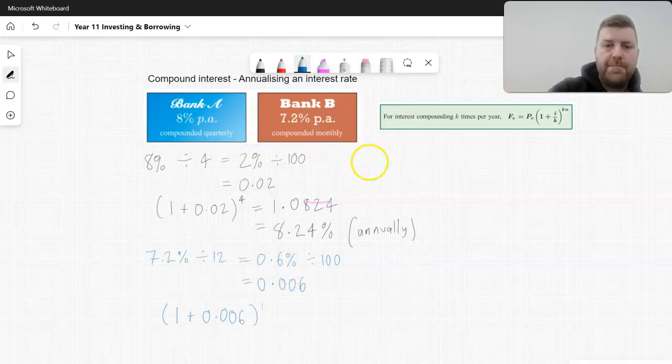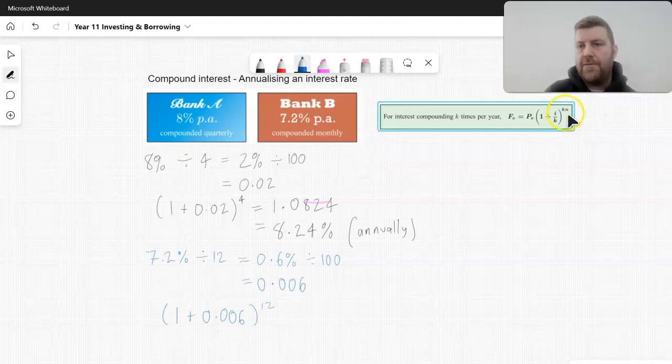Remember, it's to the power of k times n. k is the number of compounding periods per year. In this case, it's 12. It's been compounded monthly. n is the number of years, and we're just using 1 for the number of years to annualize it, to work out the rate per 1 year.